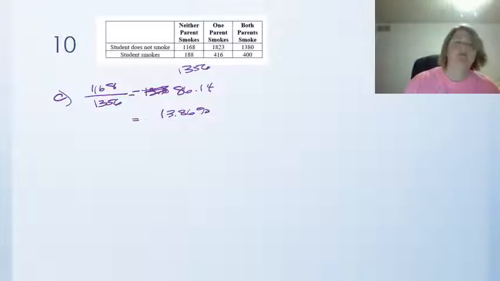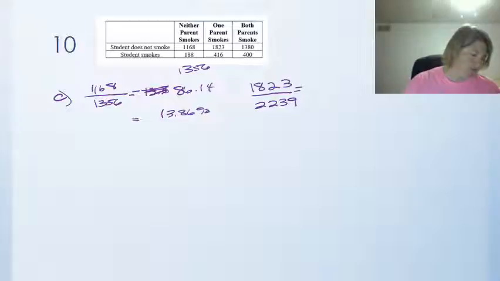Then we do students do not smoke given that one parent smokes. So this would be 1823 divided by the total in that column, which is 2239. So that would be 81.42%. And then again, we could just subtract that from 100 or take 416 divided by 2239.